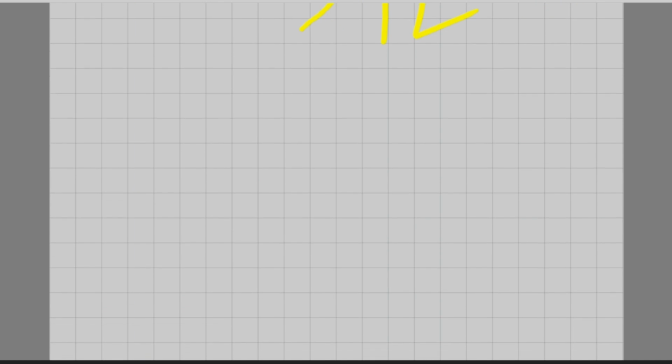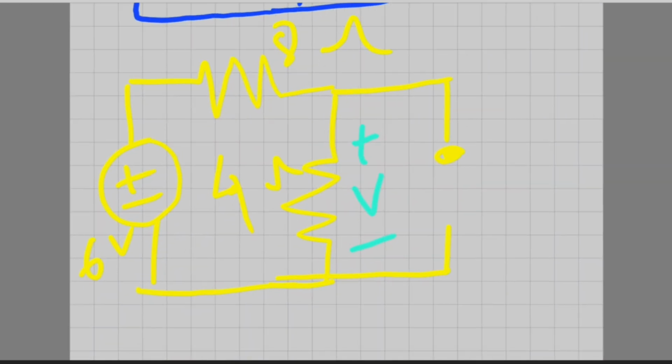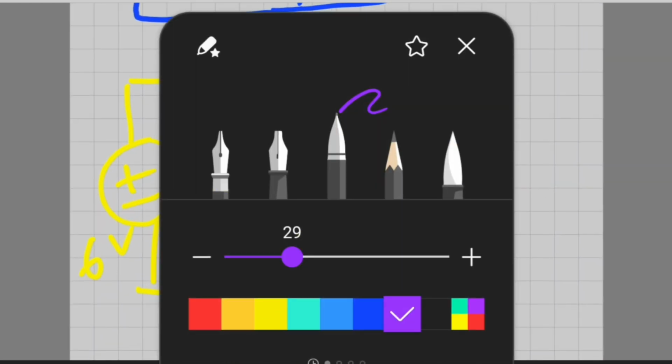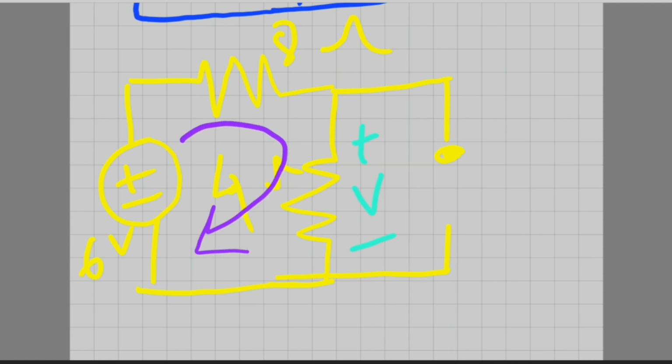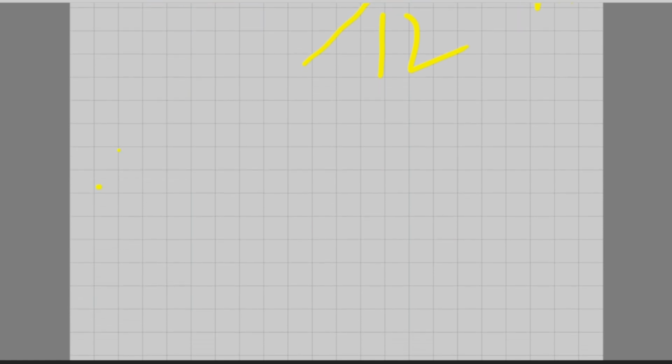So we need to find the voltage across the 4 ohm resistor. Actually, the current direction I should write. So here we find the voltage V equals I into the resistance.